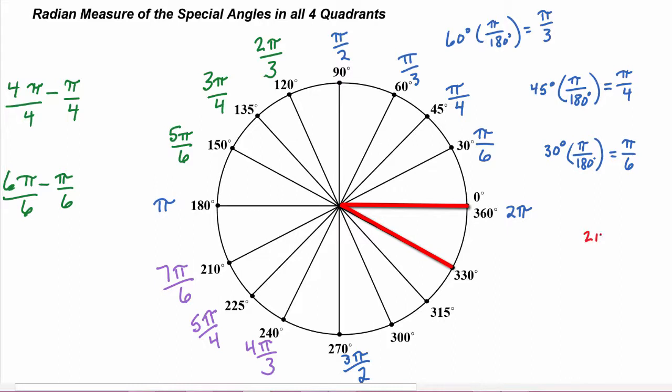Now 2 pi minus pi over 6, we know that 2 pi would be the same as 12 pi over 6. So 12 pi over 6 minus 1 pi over 6 is going to be 11 pi over 6.